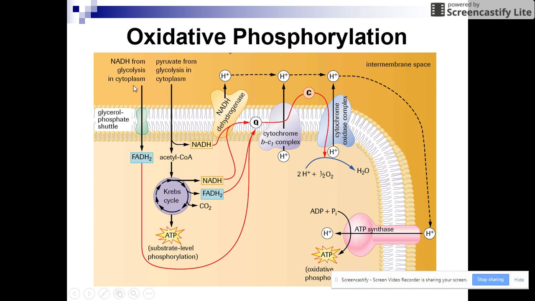So here's the whole process, showing the NADH and the FADH2 molecules dropping off electrons, protons being pumped across, protons coming back through to create ATP. Remember that FADH2 only gets 2 protons pumped across, so it only would produce 2 ATP, whereas the NADH gets 3 pumped across and would produce 3 ATP.